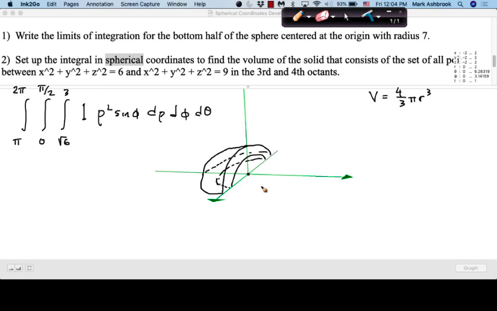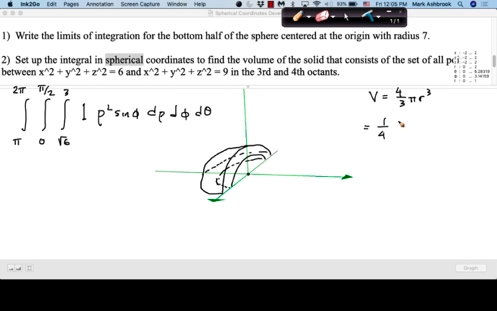Yeah, it's the volume of a sphere of radius 3 minus the volume of a sphere of radius square root 6, divided by 4. So the volume of a sphere of radius 3 minus the volume of the sphere of radius radical 6, and then 1/4 of that. Agree? Anyone get it?